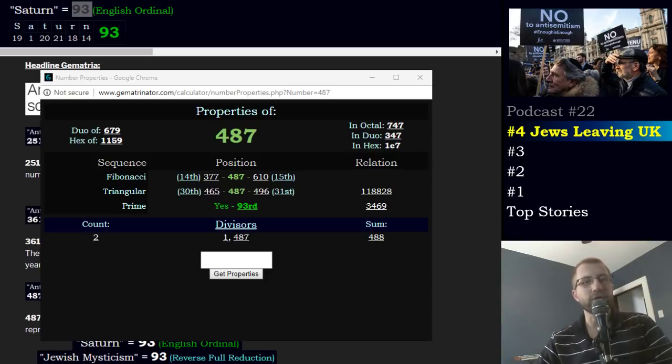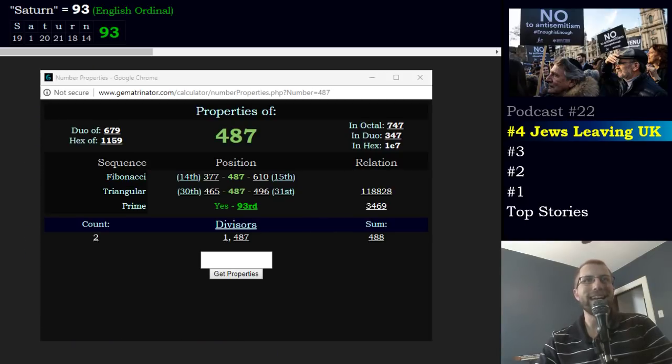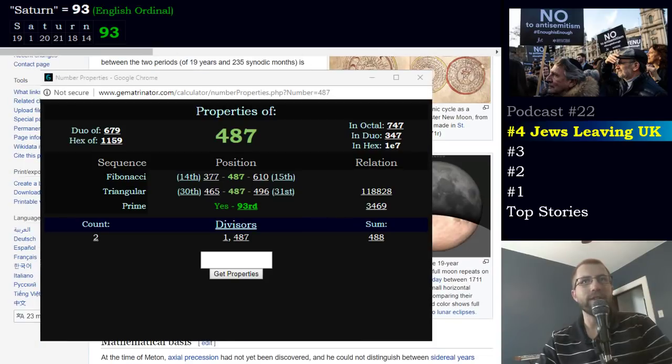It uses actual months, actual lunar phases as months instead of our 28, 30, 31-day calendar. Anyway, this also has gematria of 361, which is 19 squared. And 19, the number of years in the moon's metonic cycle. So all of these numbers significant to Judaism in various manners.